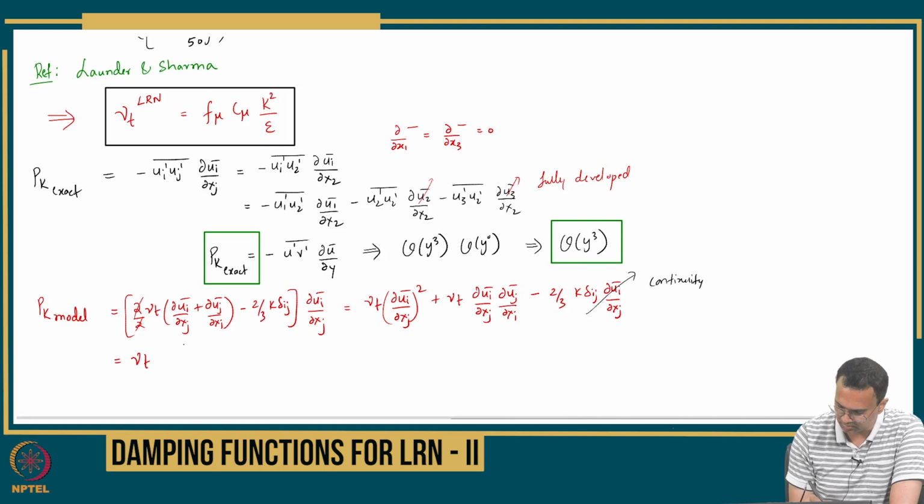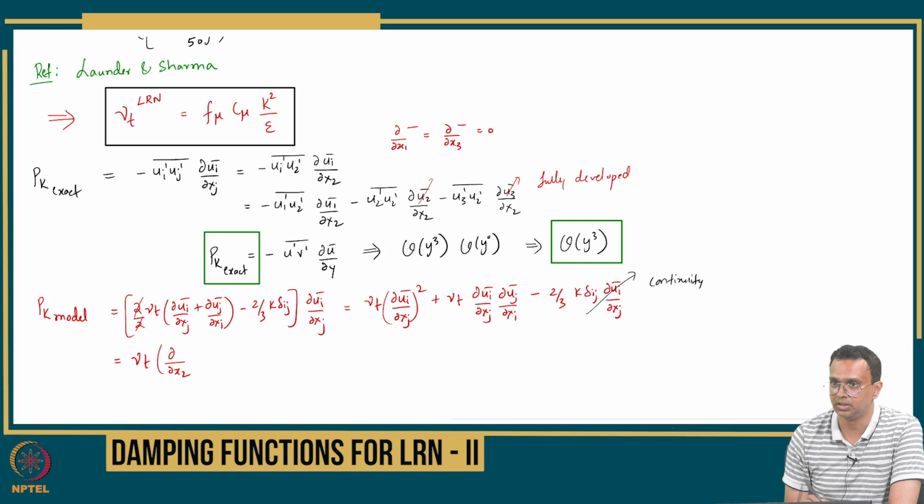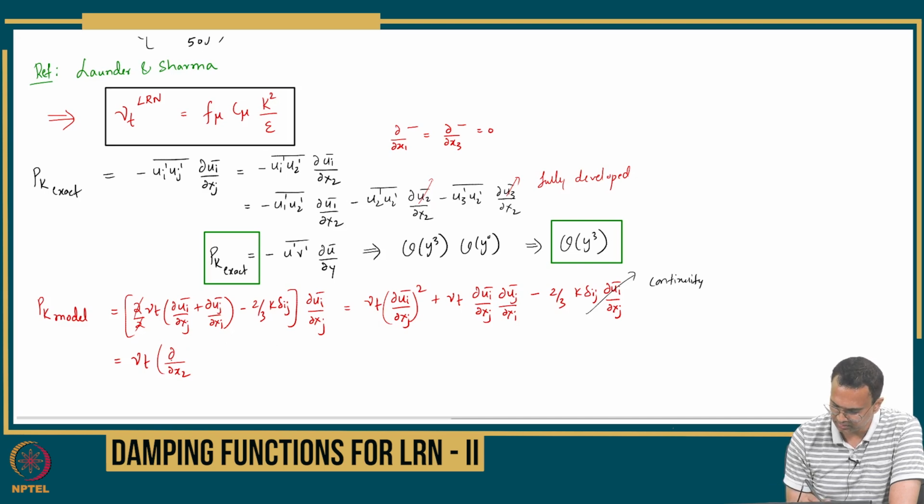We have done this before, but if you quickly do it, I'm going to take only the dou by dou x2 term, because the dou by dou x1 and dou by dou x3 terms I drop. This is the square term, right? So i and i are repeated, and I get ui bar dou ui bar by dou x2. Only this particular term is surviving here.